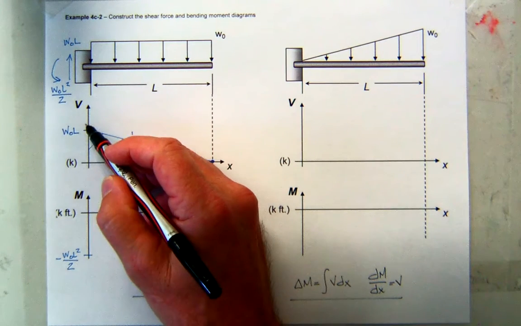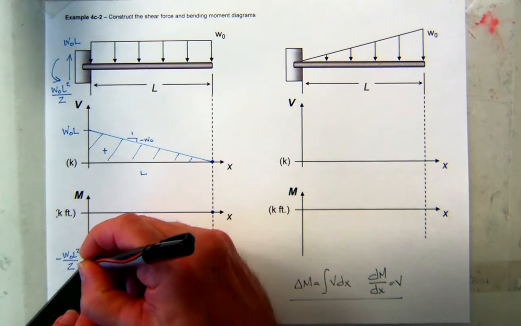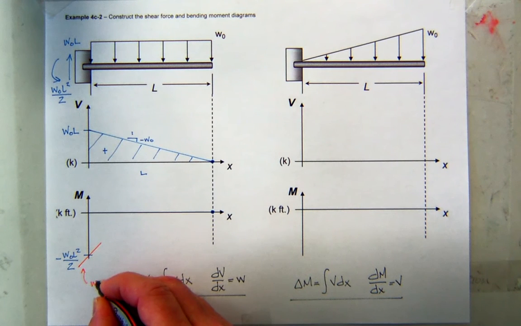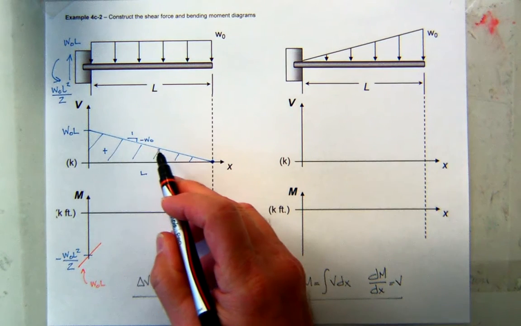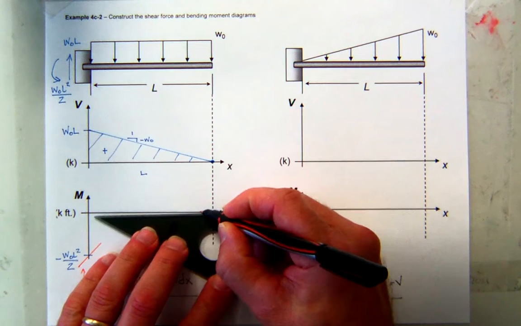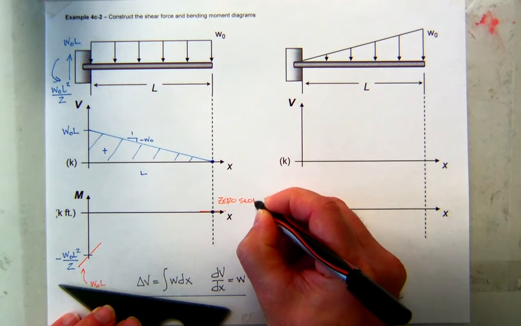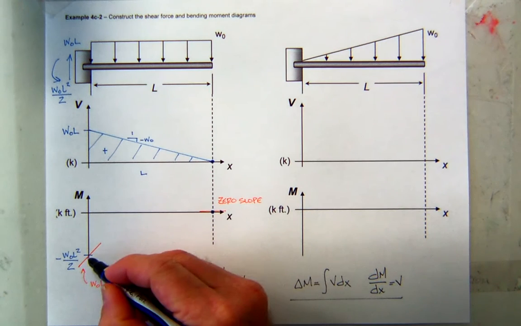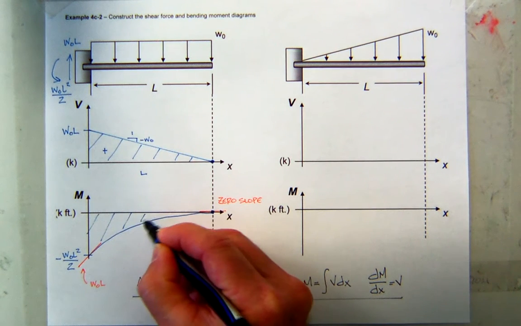It is positive W naught L. So I'll kind of sketch in a positive slope, and I'll even indicate that that's a slope of W naught L. And it gets smaller and smaller and smaller until at the free end it is 0. So here's 0 slope. So all I have to do is kind of connect those slopes with the curve. And there's my approximation for the moment diagram.